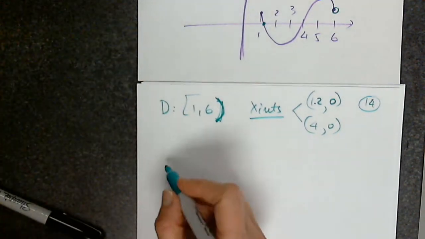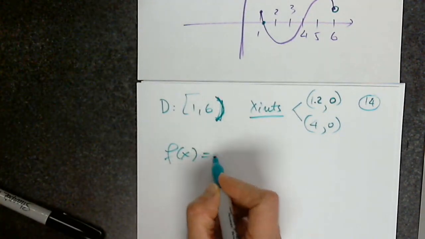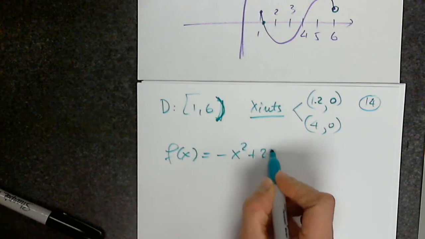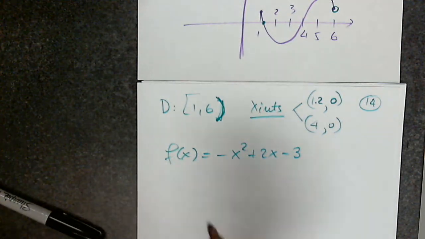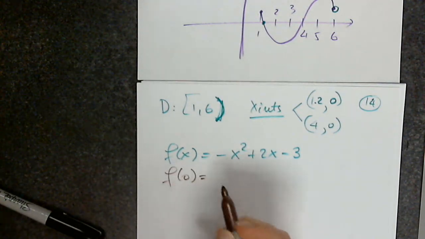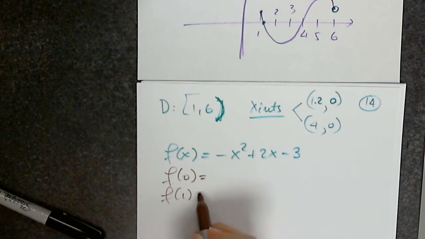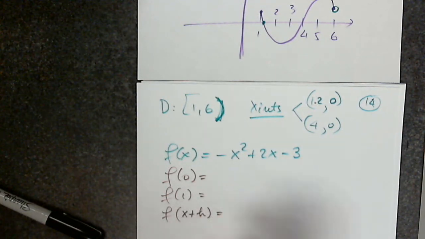Okay. What if I have this function? F of x equals negative x squared plus 2x minus 3. And now I'm asking you to find f of 0. And then f of 1. And then f of x plus h.